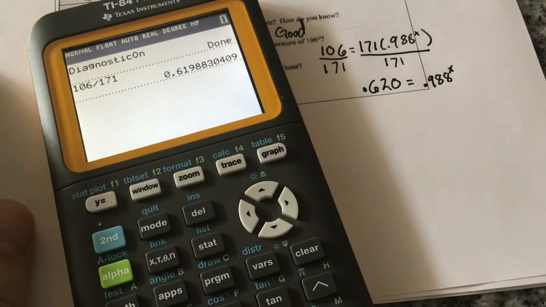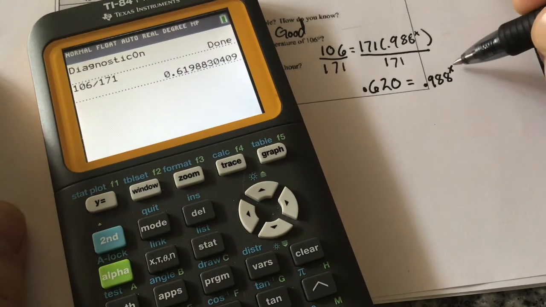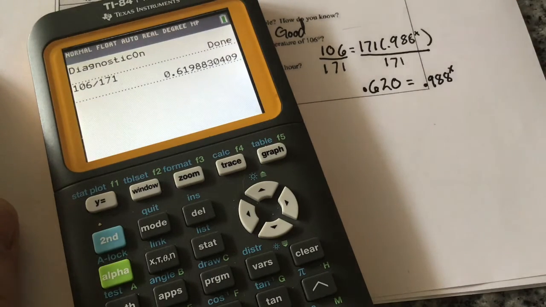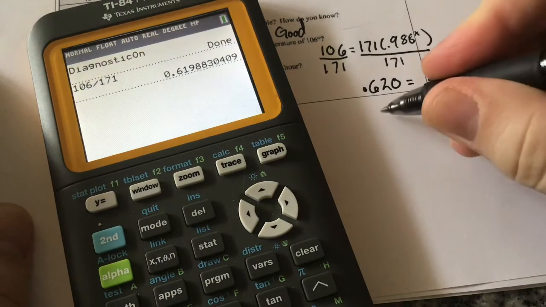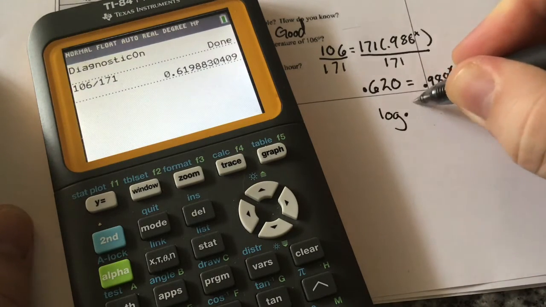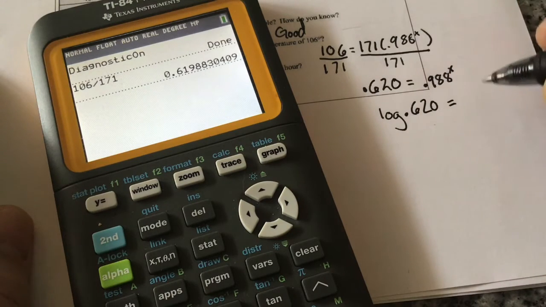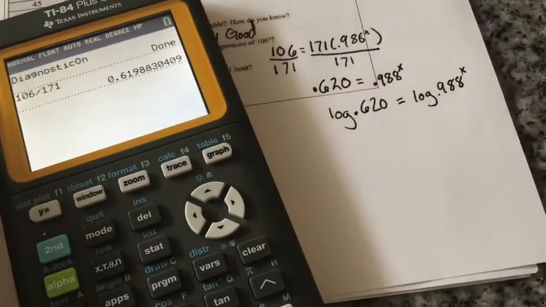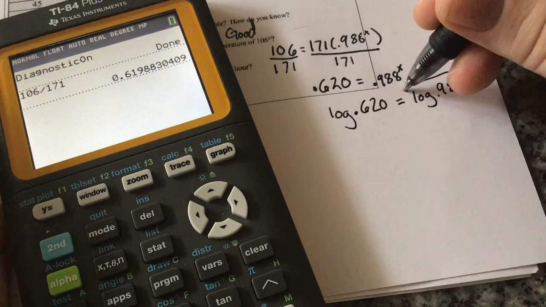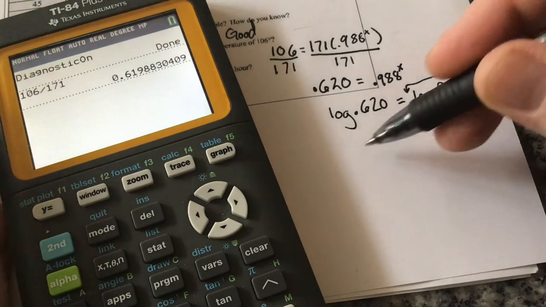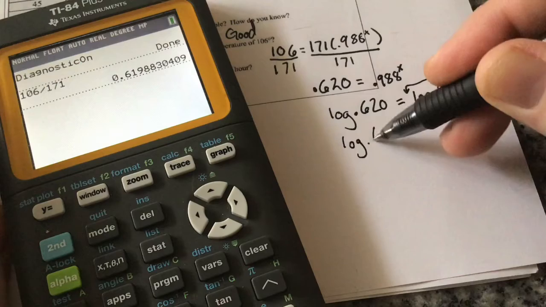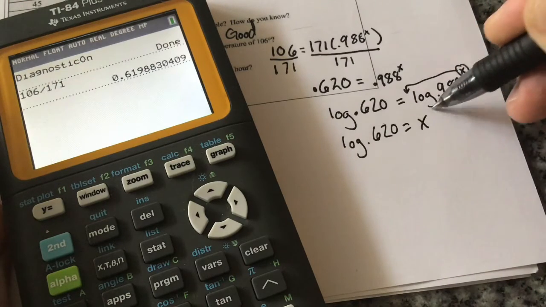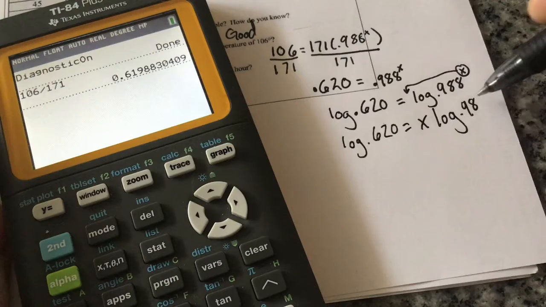As we know from our lessons earlier, whenever we have a variable in the exponent, what we need to do is apply a logarithm to both sides so that we can power rule this. Log of 0.620 equals log of 0.988 to the x power. When we have that x in the exponent, it can be brought around as a coefficient, so we can really write this as log of 0.620 equals x times log of 0.988.